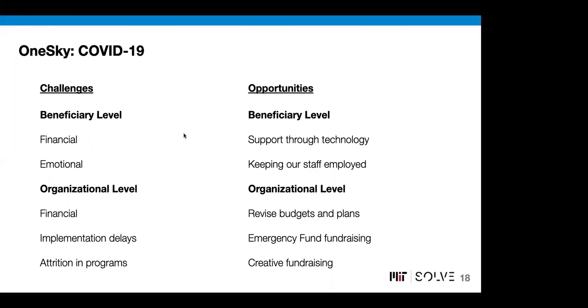We were doing an external evaluation study, so that has stopped, and all of our face-to-face programming has stopped. So what we're doing right now to support our staff and the women that we're training is that everything's done online or through social media or through phone or Skype.